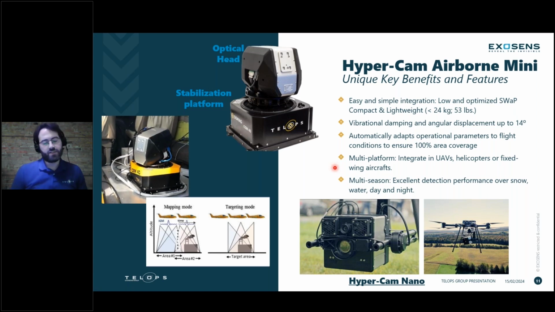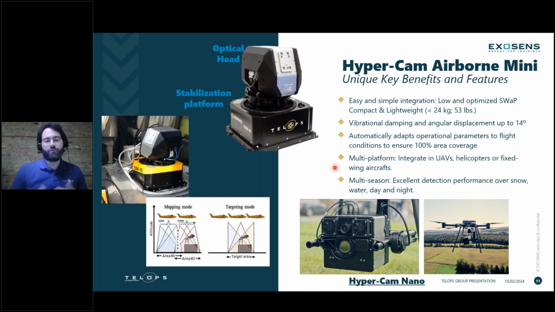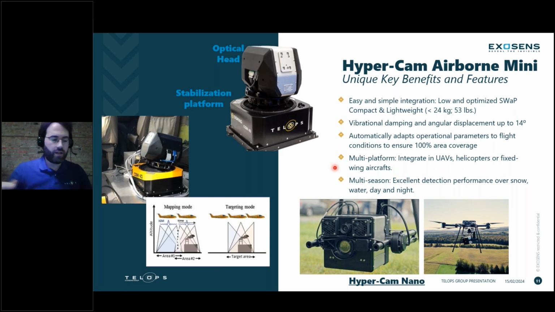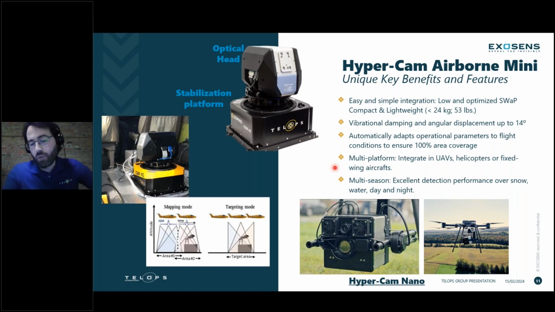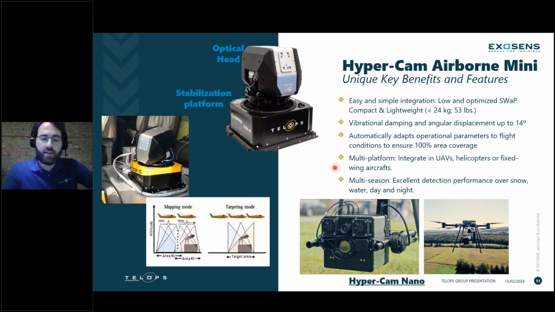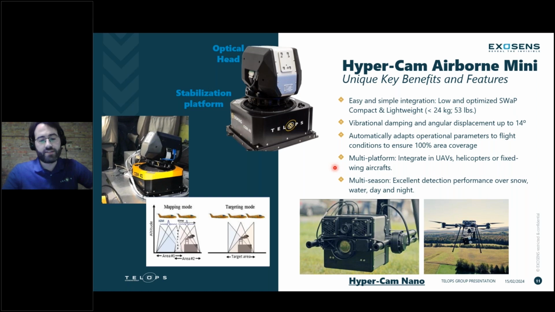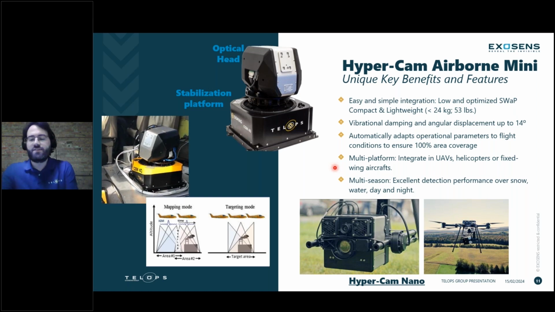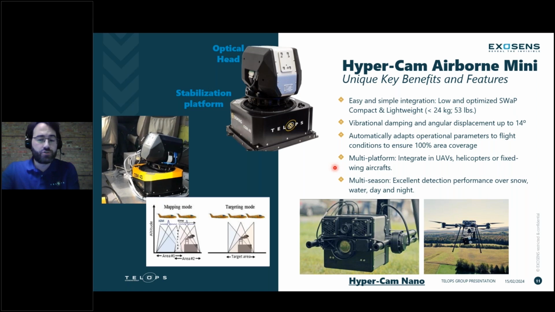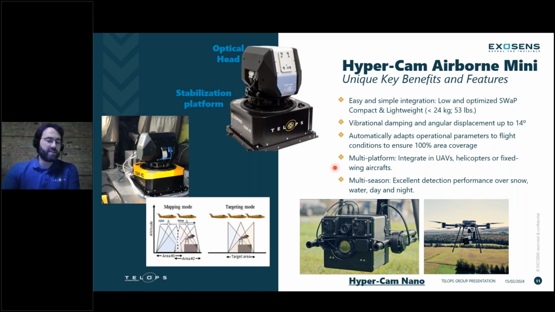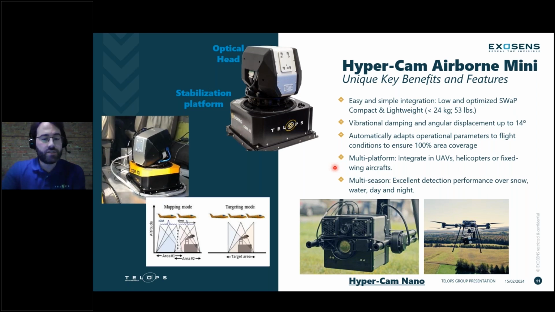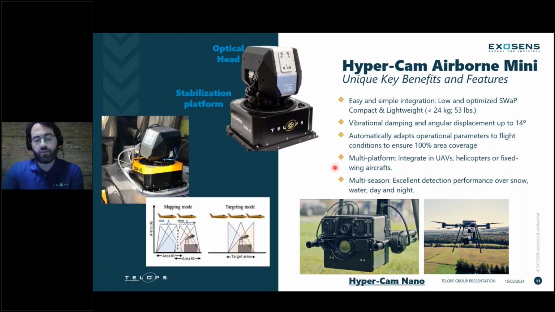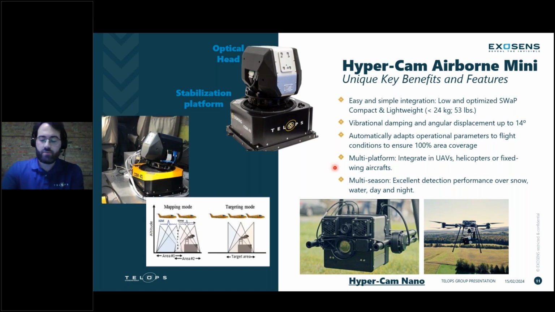It's important to understand that it is not a fully developed product at the moment, but it's still possible to discuss with your team about creating an R&D project for this. The Nano is an even more miniaturized system that was developed to be implemented on drones, offering even more flexibility in the kind of measurements that you can do. But it still has the same powerful acquisition and detection possibilities that the other hyperspectral systems have.